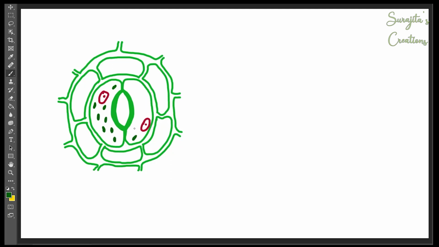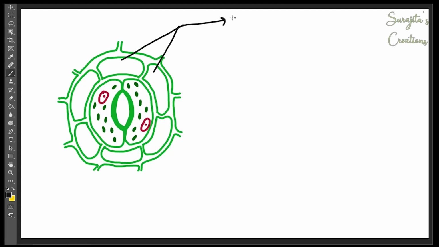This is the speciality of the guard cells. So chloroplasts are present only in the guard cells, but these chloroplasts are absent in other epidermal cells. And these chloroplasts are considered to be photoreceptors involved in the light induced opening of stomata.